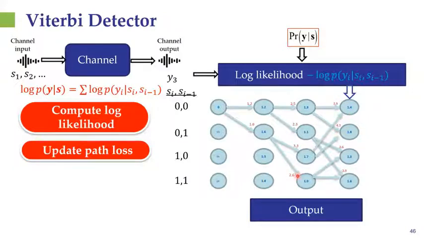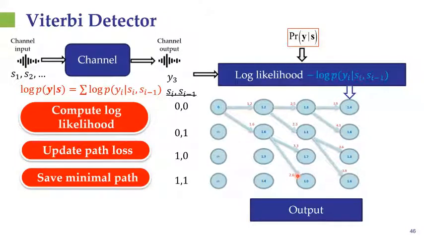And what we do here is only maintain the minimal path, the path with the minimal loss along it, which essentially boils down to dynamic programming. And once we do that, at some point we would have, for a given time instance, only a single state which has a legitimate path leading to it.